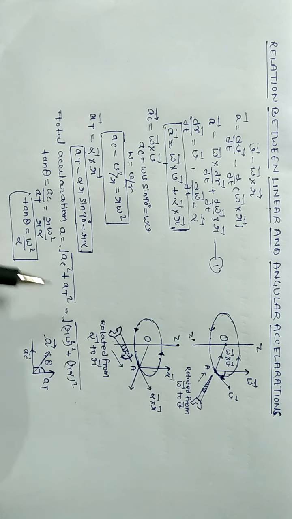These two equations give the magnitude and direction of total acceleration of an object having a non-uniform circular motion.